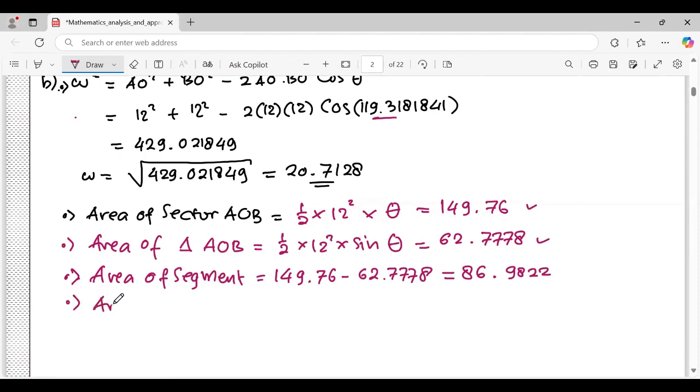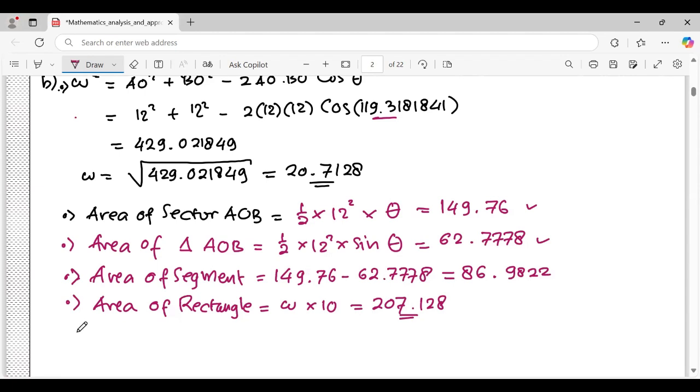Next, area of rectangle. Area of rectangle is W times 10. W is this one, 20.7128. If times 10, it means 207.128. This is the area of the rectangle.